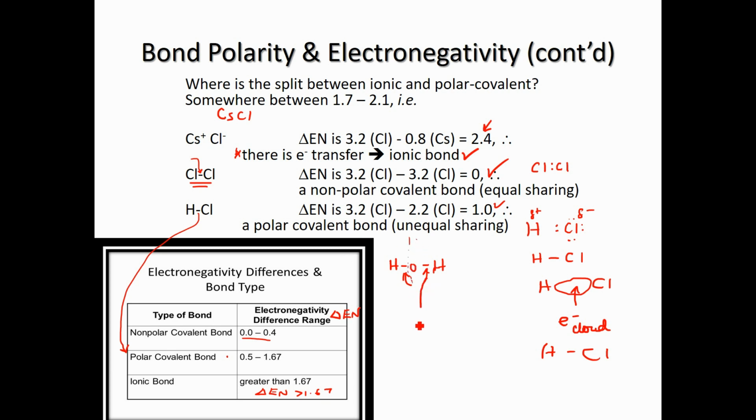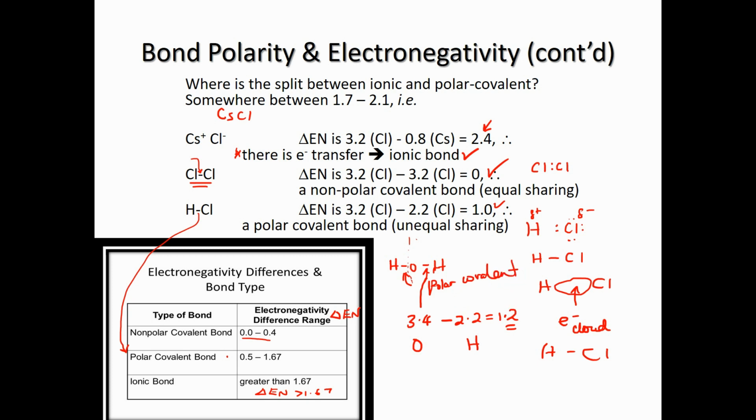So we do 3.4, from the oxygen, minus 2.2, from the hydrogen. Using that table chart, you get 1.2. If it's 1.2, it's between 0.5 and 1.67, which means that this bond is polar covalent.